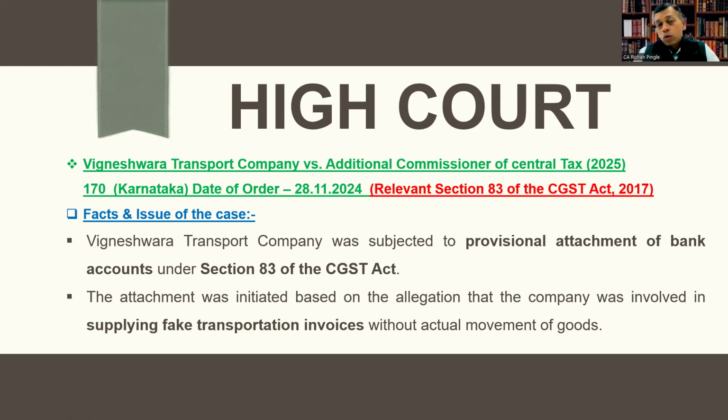Vigneshwara Transport Company was subjected to provisional attachment of bank accounts under Section 83 of the CGST Act. The attachment was initiated based on the allegation that the company was involved in supplying fake transportation invoices without actual movement of the goods.